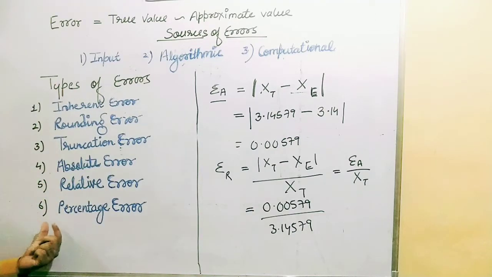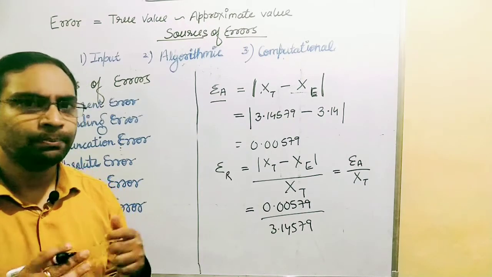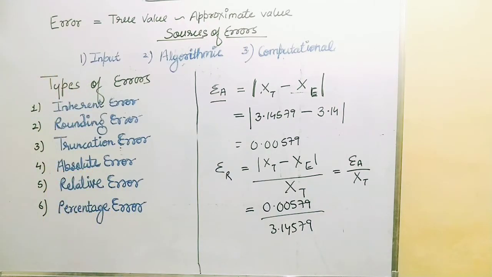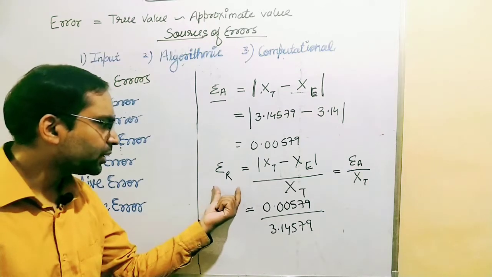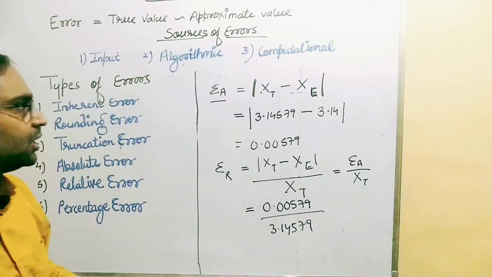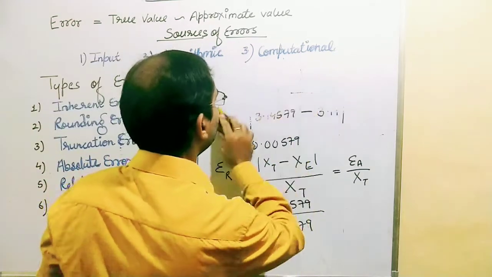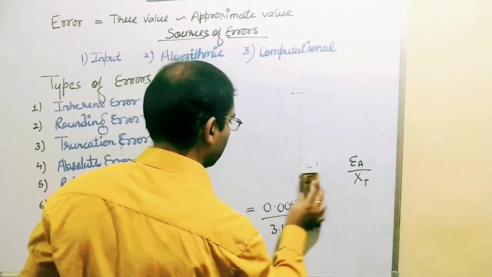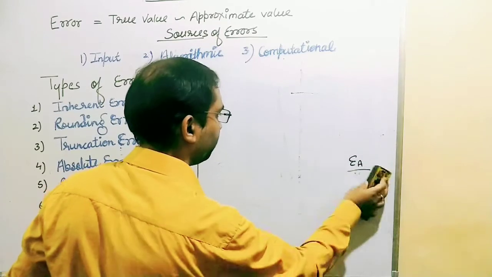And last, that is the sixth, is the percentage error. We need to represent the error in the form of a percentage. To obtain that, we simply need to multiply the relative error by 100 and we will get the percentage error. Let me show you the formula for the percentage error, which can be written in many ways.